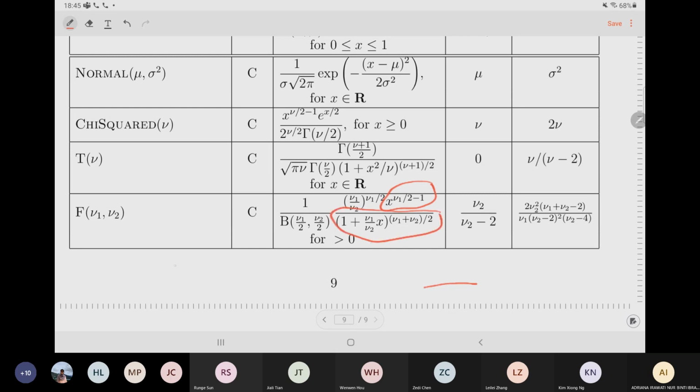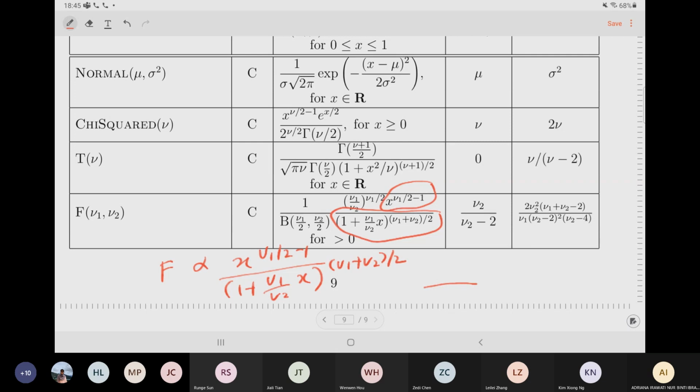So your F will be, here is X, X to the power V1 over 2 minus 1, and then you will have 1 plus V1 over V2 times X, to the power V1 plus V2 divided by 2. Yeah, it's quite complicated.